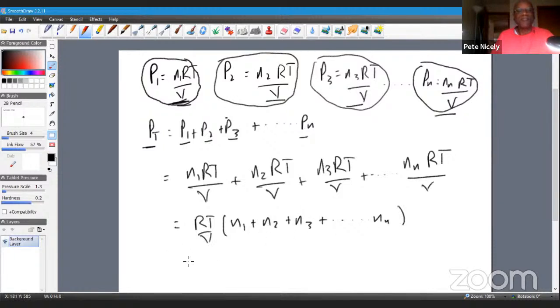So we can simplify this further by basically replacing all the sum of the moles here by NT, right?